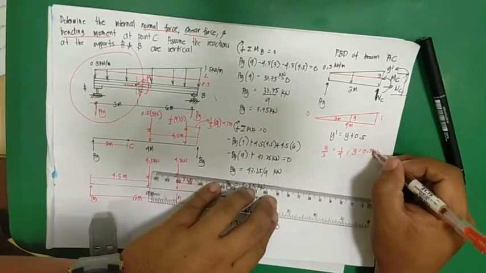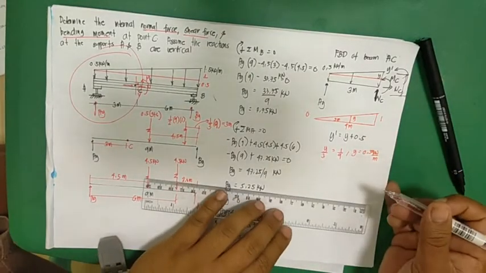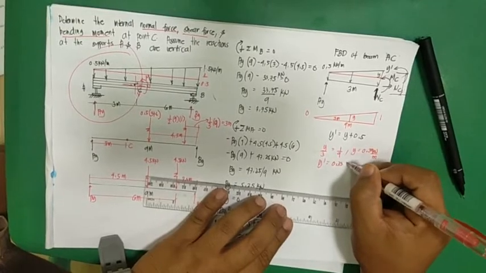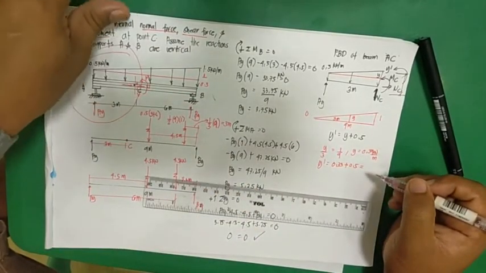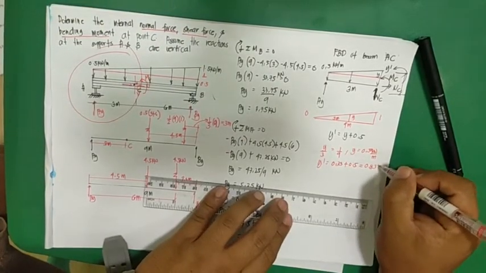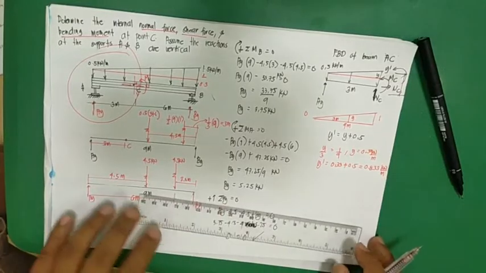This is 0.33, not 0.3. So now, y bar is 0.33 plus 0.5, which is equal to 0.833 kilonewton per meter. Okay?